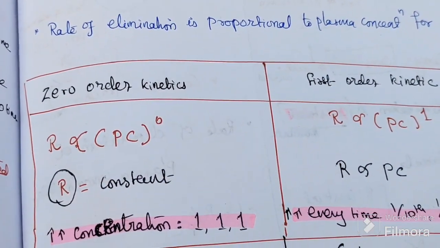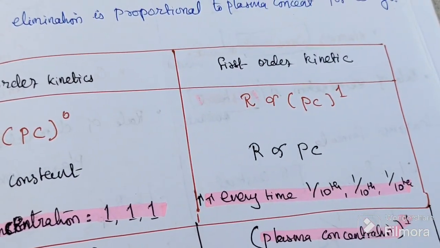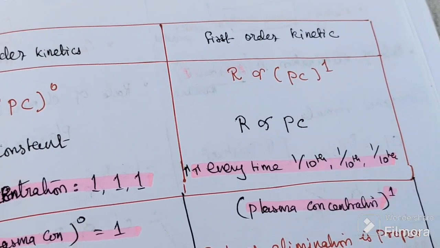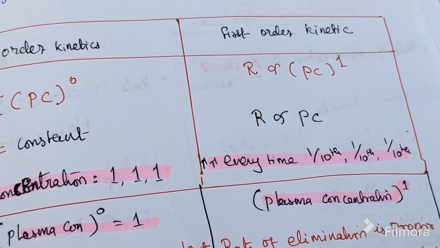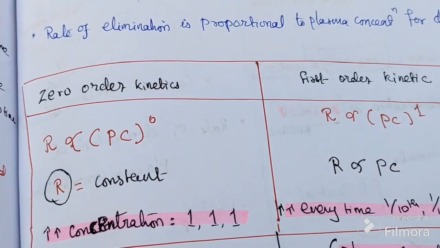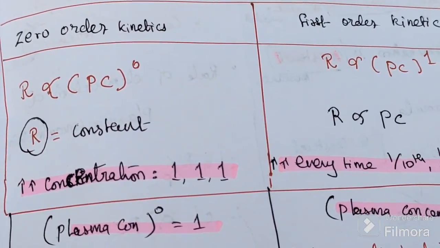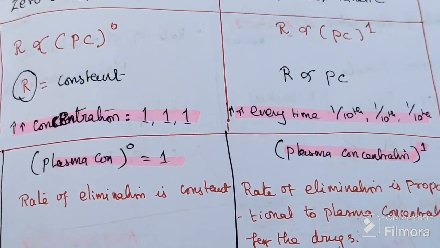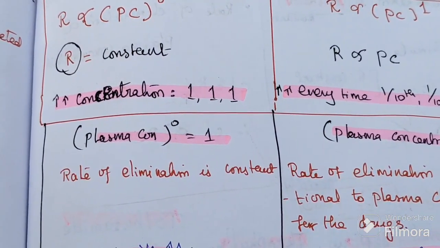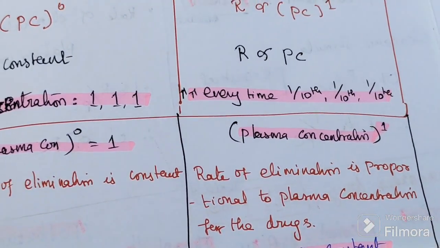It does not depend on the plasma concentration in zero order, but in first order the rate of elimination is directly proportional to the plasma concentration. So if you increase the concentration, in zero order it is still 1, 1, 1. But in first order, every time 1/10 of the drug is excreted.